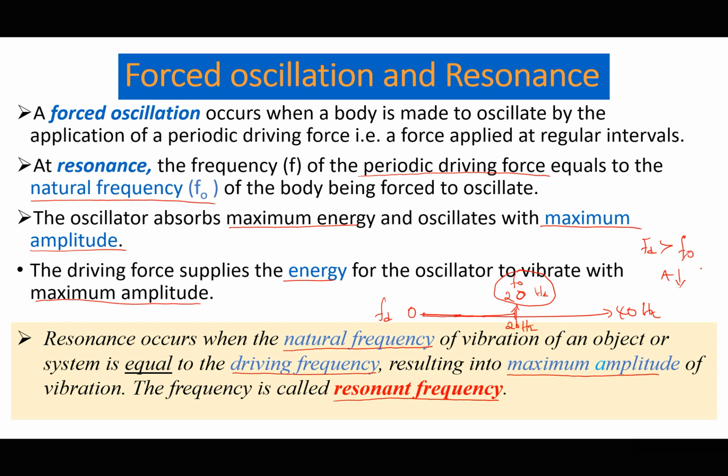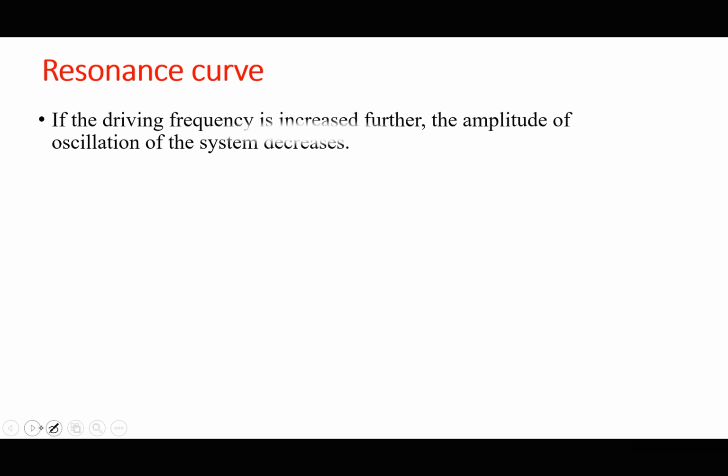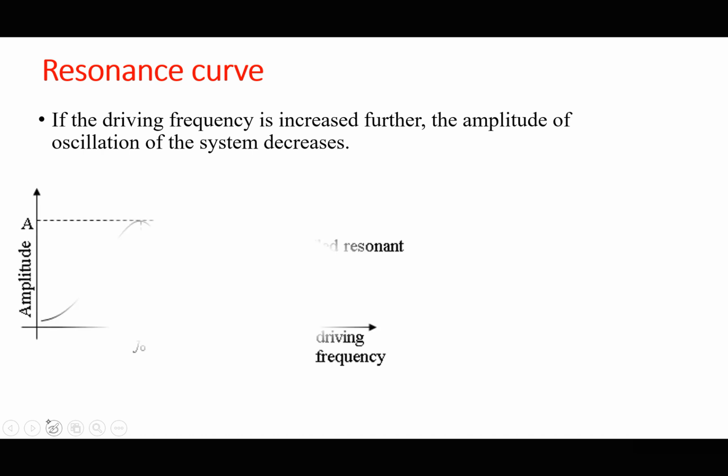So in that case, the amplitude decreases, which means if I try to sketch a graph of amplitude against frequency for an object which is being forced to oscillate, then the graph would look like this.